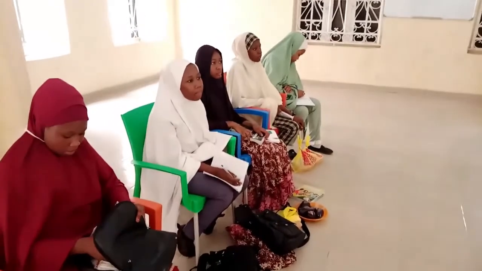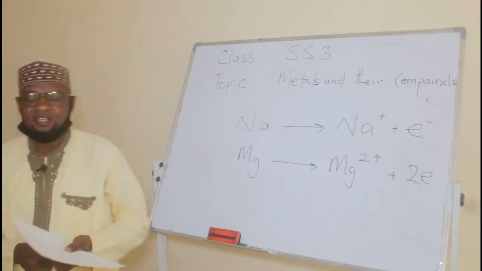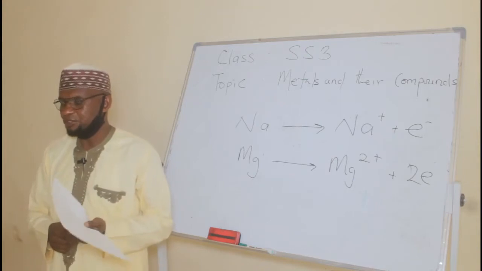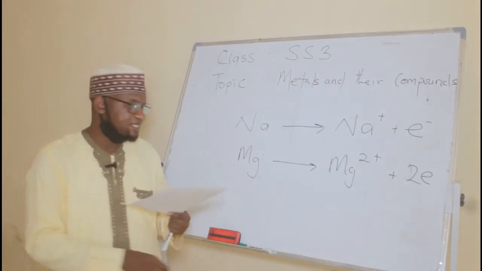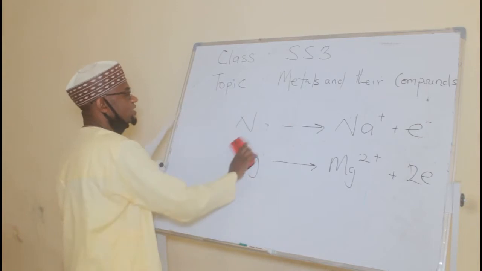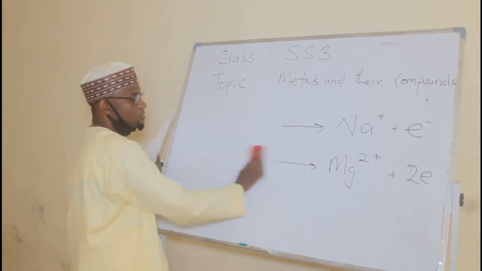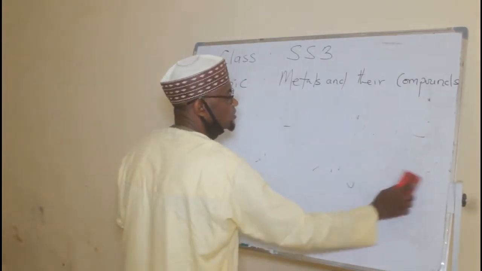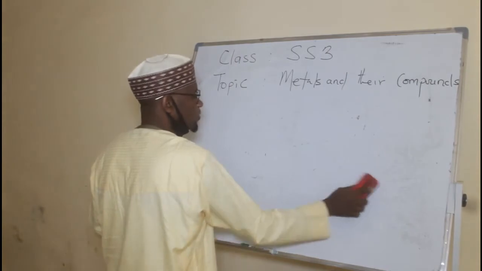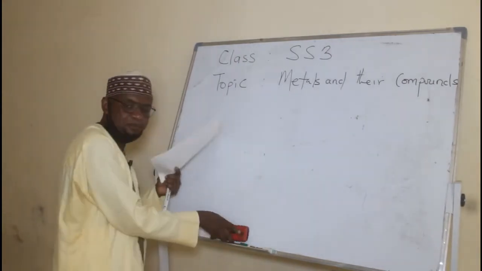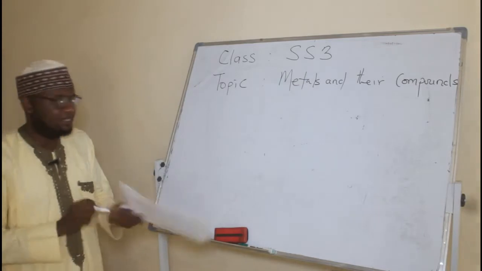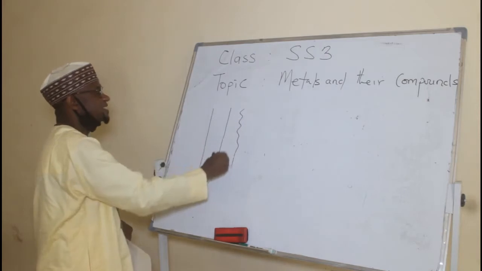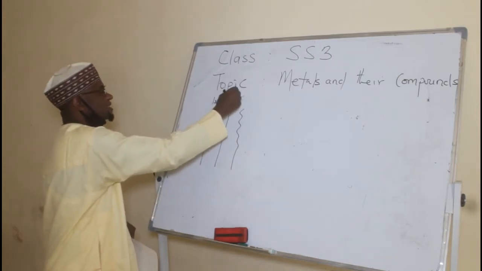Metals are electropositive elements. Another thing you need to know: when you look at the periodic table, which I believe you have in your textbooks, metals are mostly in group 1, group 2, part of group 3, and then the transition metals. On the left-hand side of the periodic table, you find elements in group 1, group 2, and some parts of group 3, that is 1A, 2A, 3A.